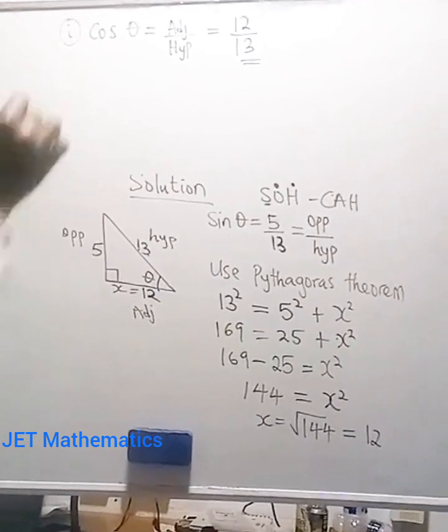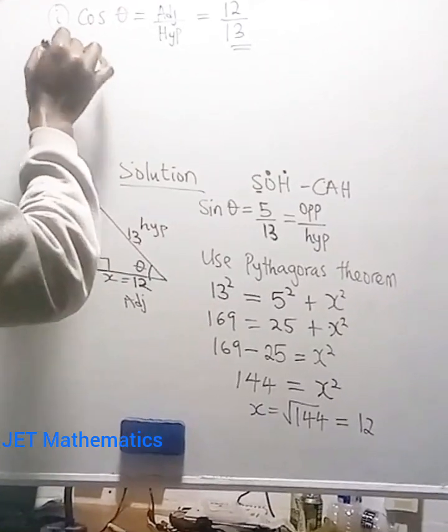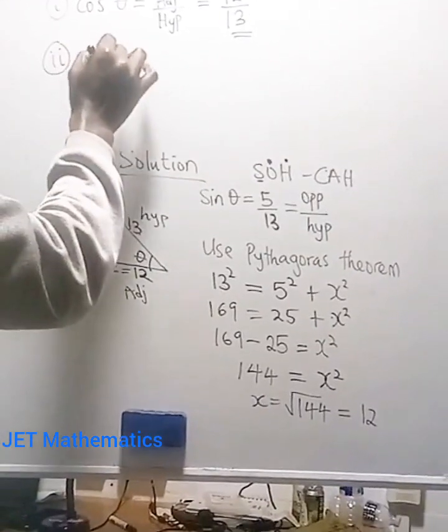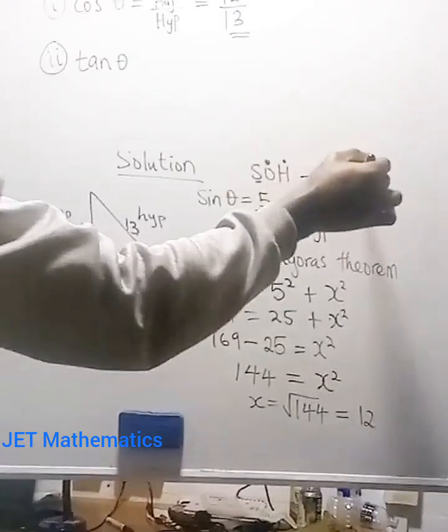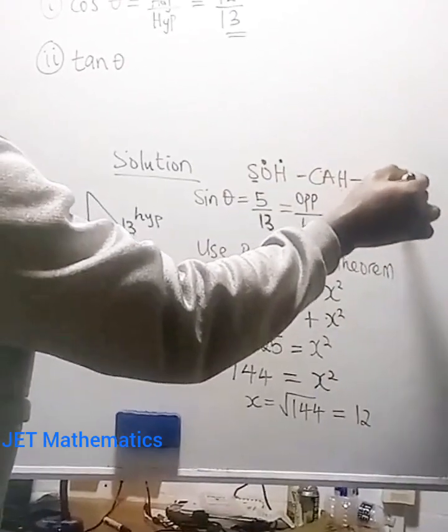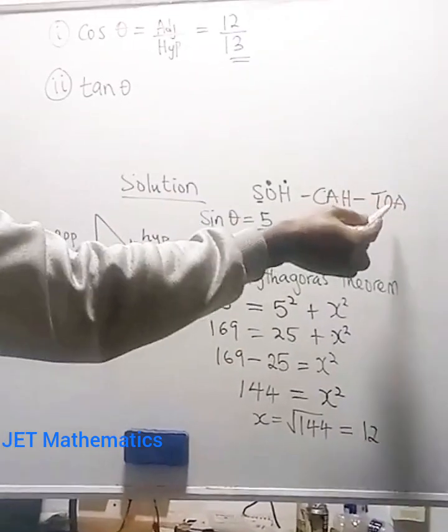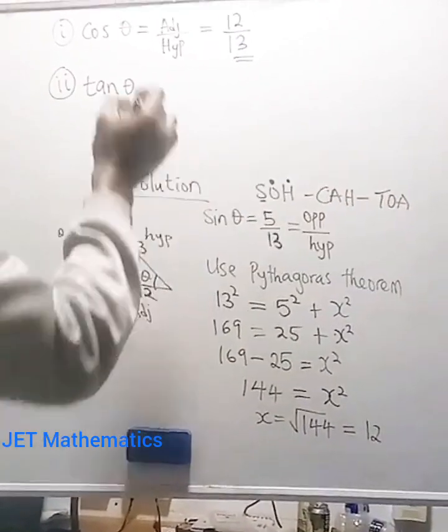The next thing we need to get is tan theta. So remember your TOA, soh cah toa. Your TOA is opposite and adjacent.